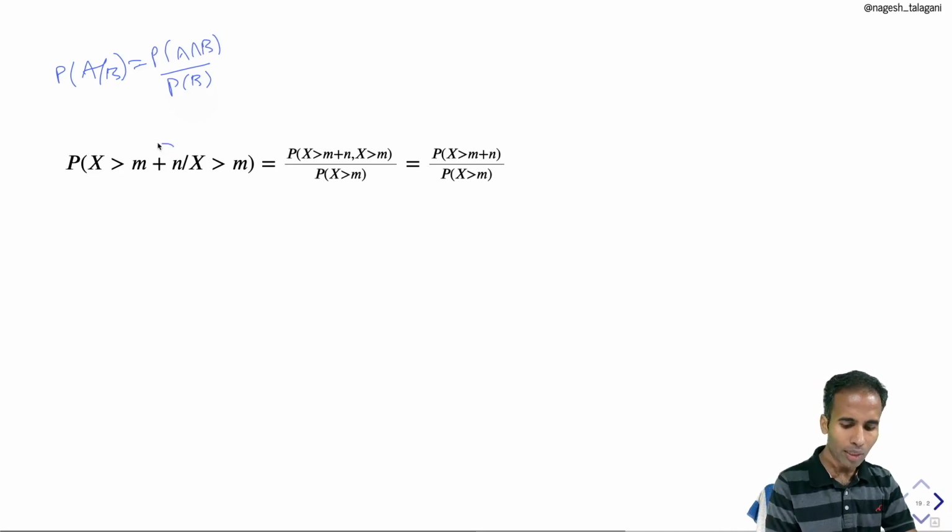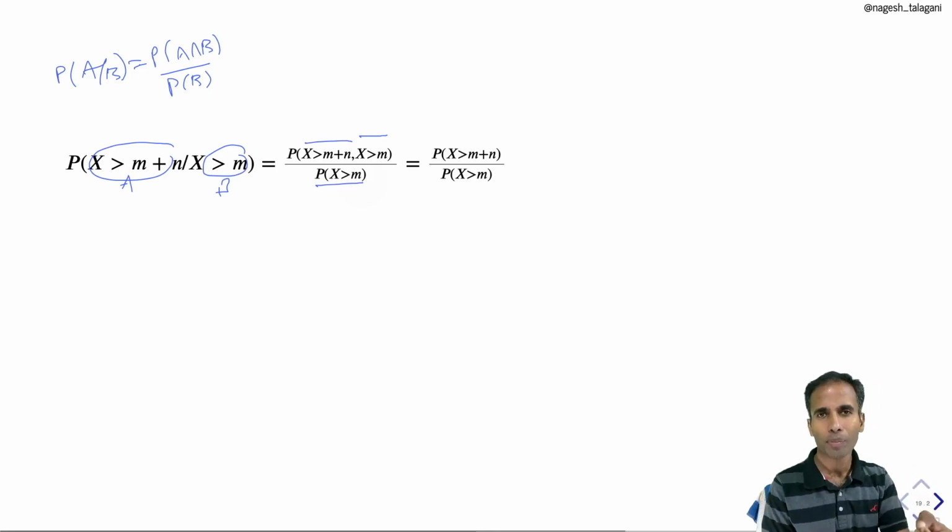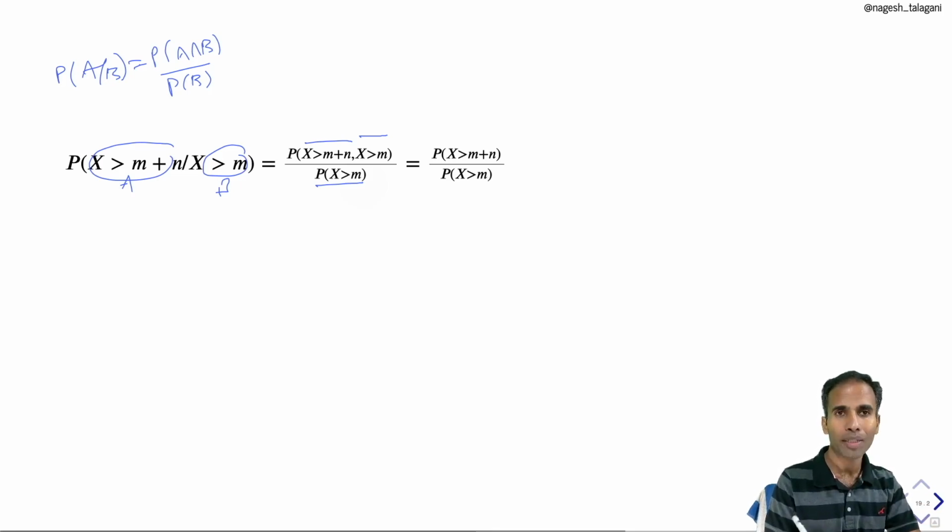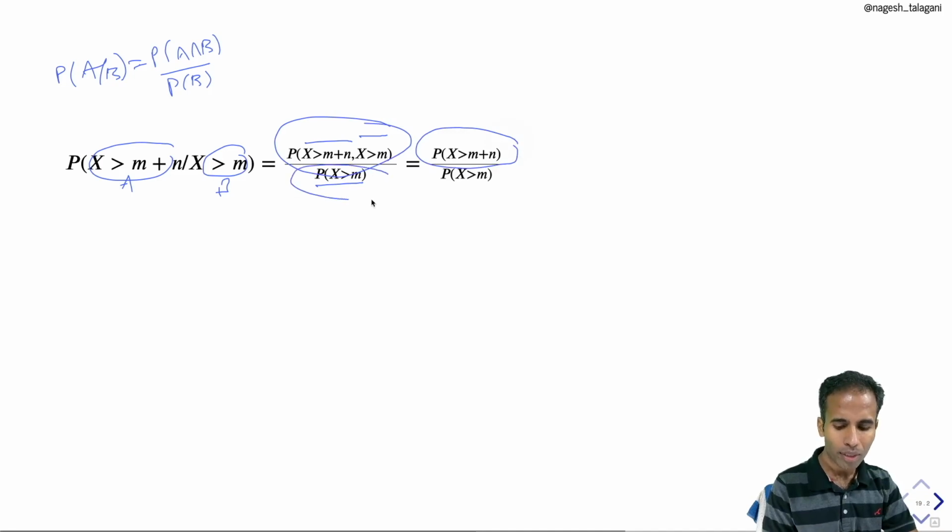Here comma means and. So it is the probability of x bigger than m plus n and x bigger than m, by the probability of x bigger than m. But here x bigger than m plus n is a subset of x bigger than m, because whenever x is bigger than m plus n, obviously x is bigger than m. So the numerator is simply the probability of x bigger than m plus n. The denominator is as it is.